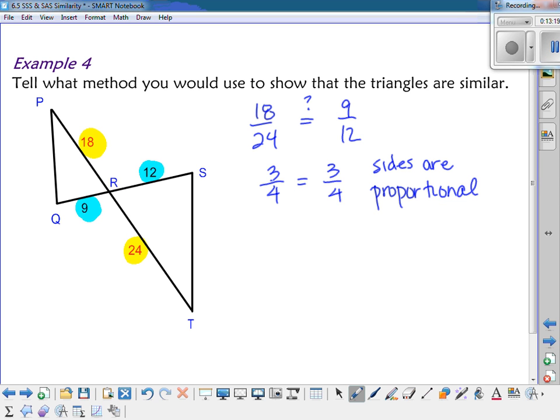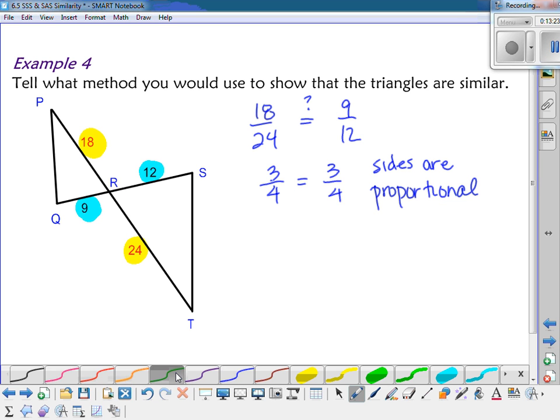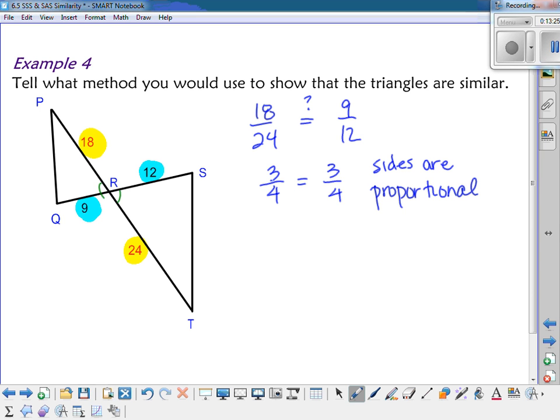So now they didn't give me the third side, but I do see that I have vertical angles. So I know that angle PRQ is congruent to angle TRS because vertical angles are congruent.